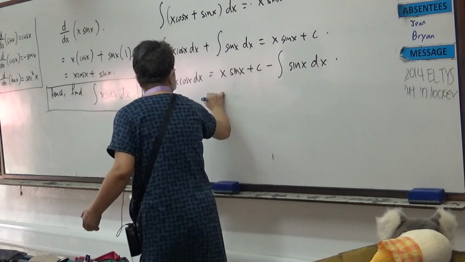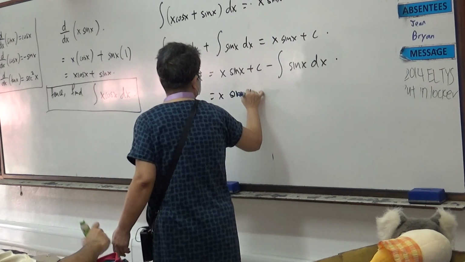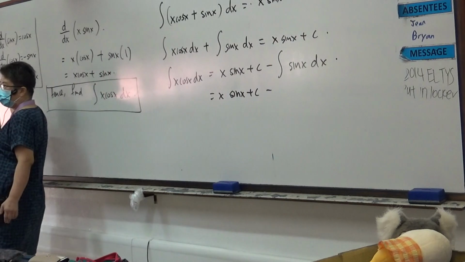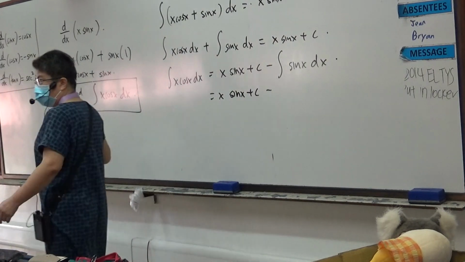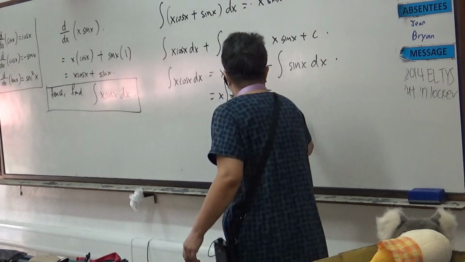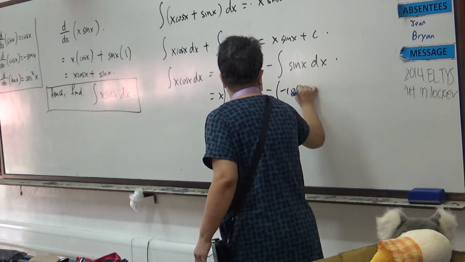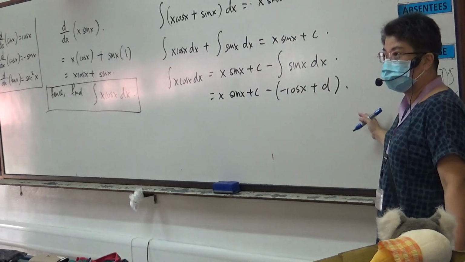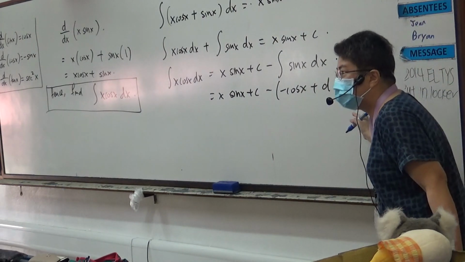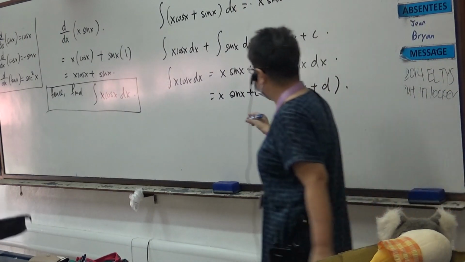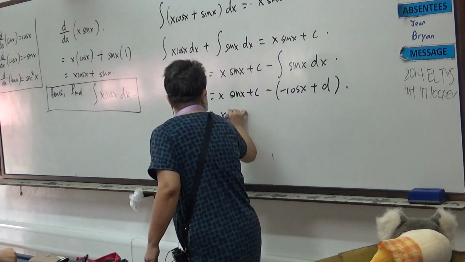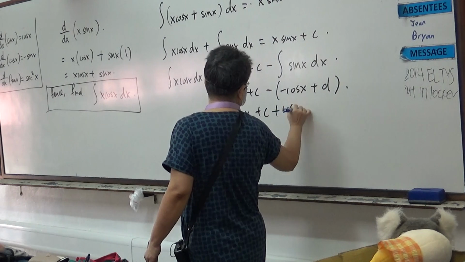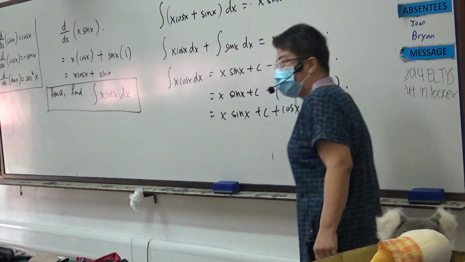x sine x plus C minus. Now, when I integrate sine, what do I get? Negative cosine. So this is actually negative cosine x plus D, correct? I must have another constant. So this will be x sine x plus C plus cosine x minus D, right?